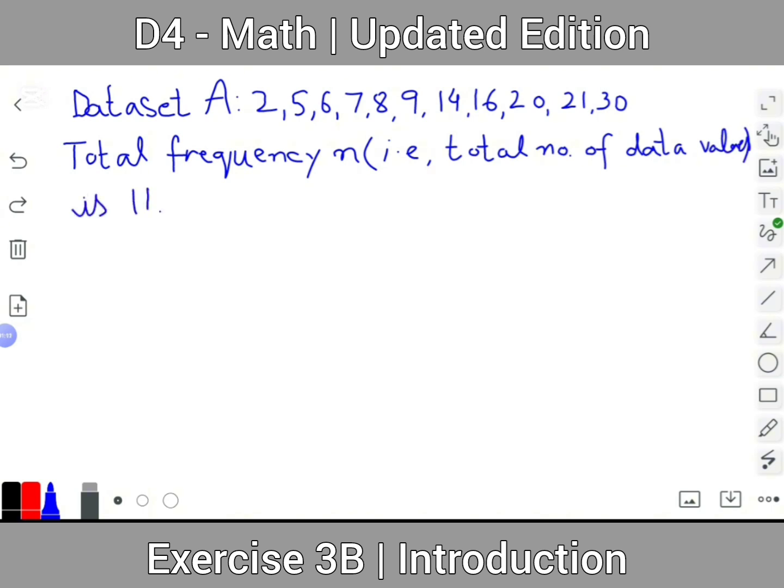So we will count the data values. Those are 1, 2, 3, 4, 5, 6, 7, 8, 9, 10, 11. So the total frequency is 11.